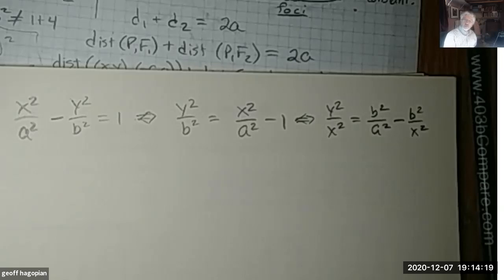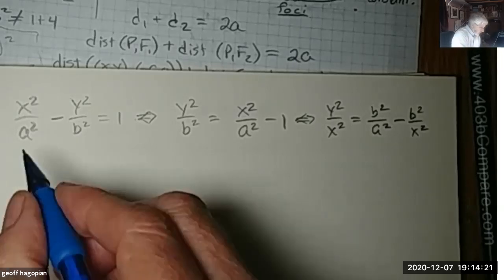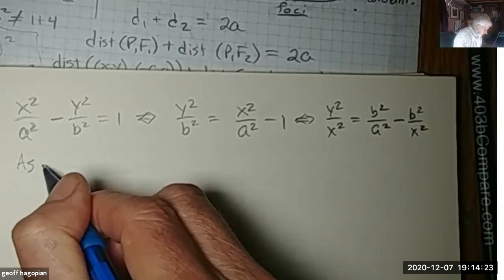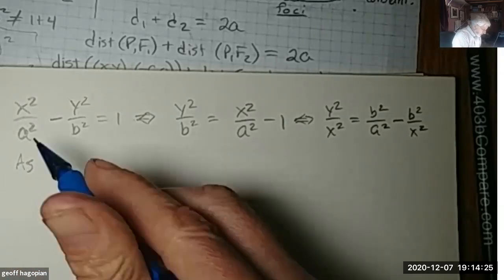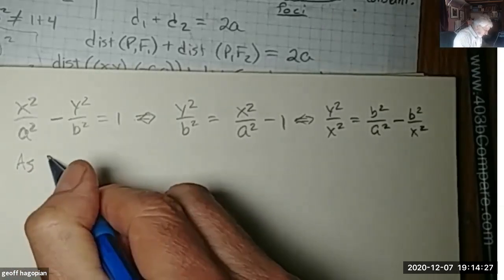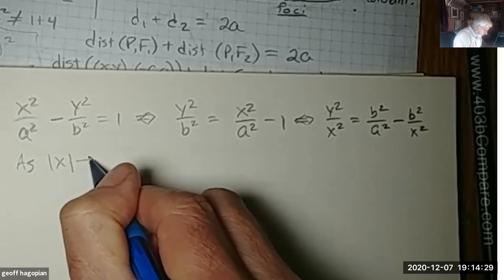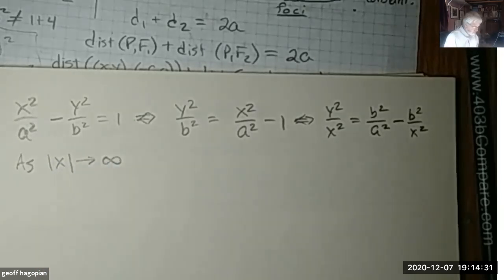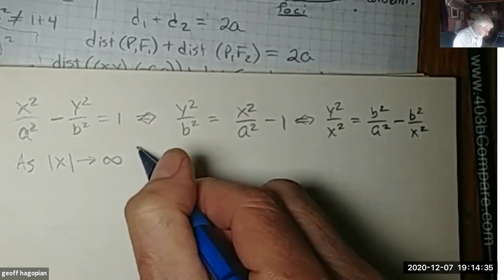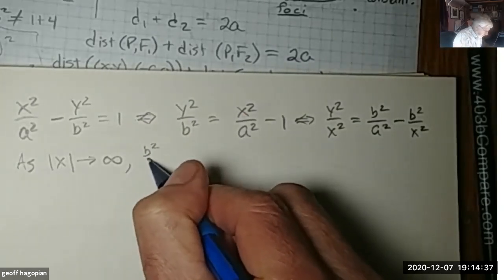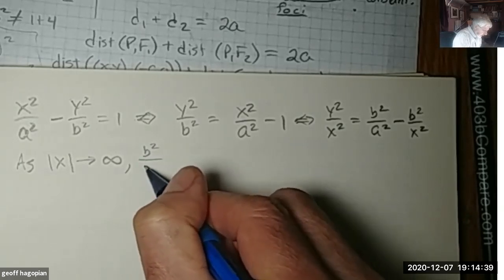So what happens as x gets large? This is kind of calculus notation, but I think it's intuitive enough. I'm going to say as the absolute value of x goes to infinity, b squared over x squared, b is fixed, right? So b is not changing.